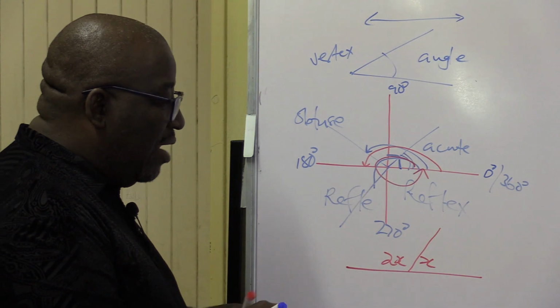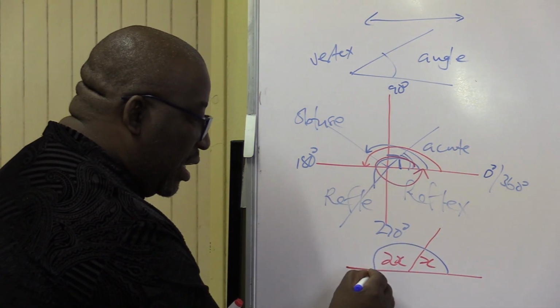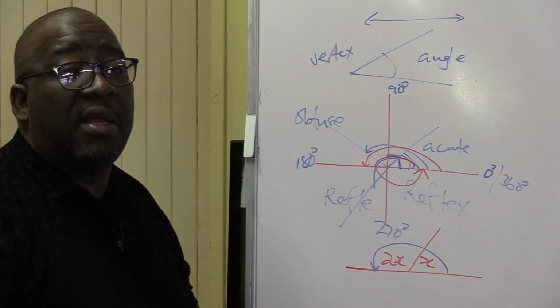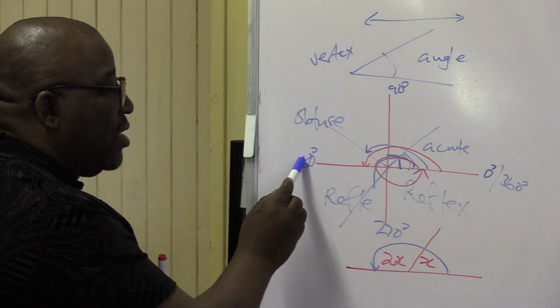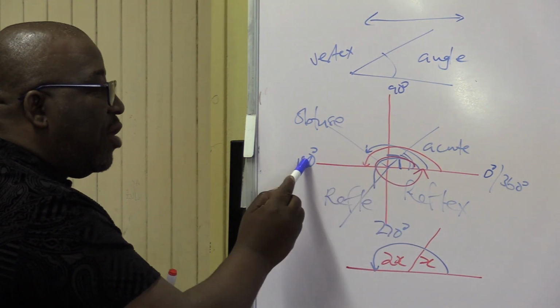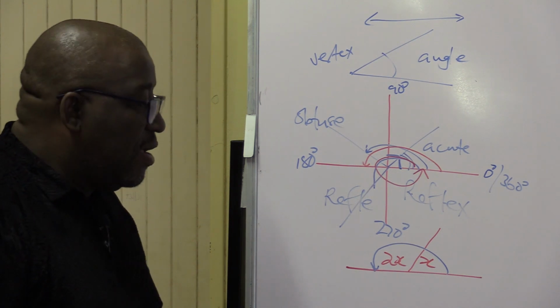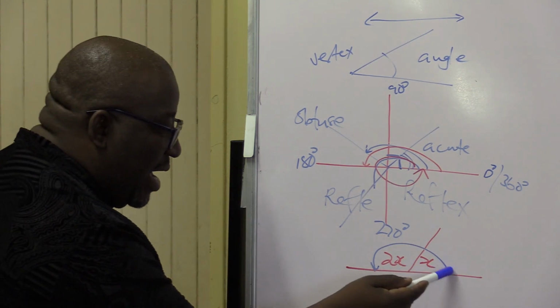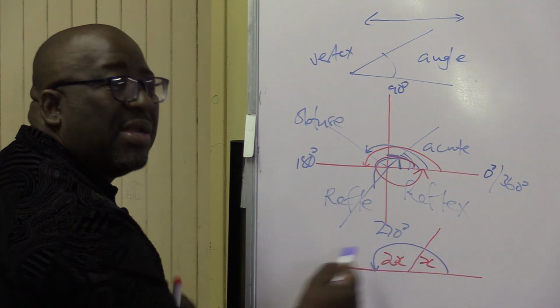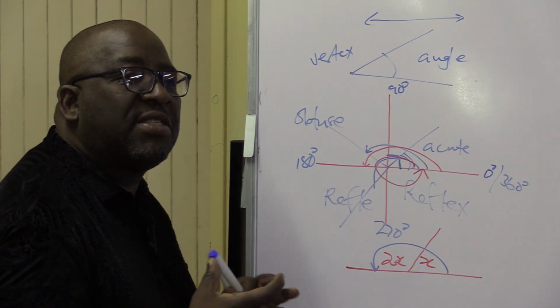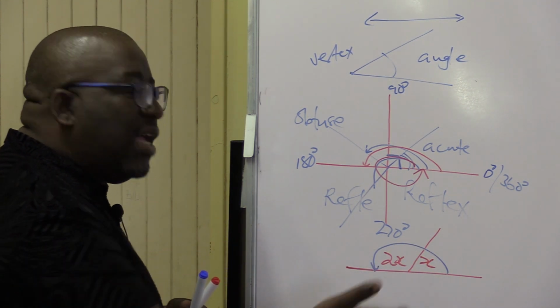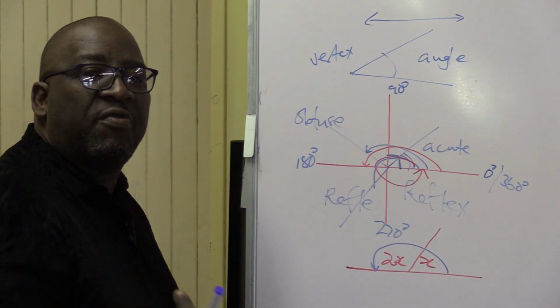What do we call an angle from this side to this side? It is called a straight line, and it is exactly equal to 180 degrees. From here to here, it's 180 degrees. So I know that all angles that are in this one add up to 180 degrees. So they were just checking whether you understand the types of angles rather than solving for x.